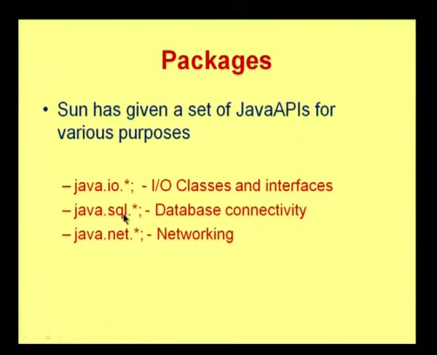So java.sql, java.net. All the classes and interfaces needed to do input output operations will be available in java.io. Similarly, for database connectivity, all the classes needed to execute your query and create a connection will be available in your SQL package.